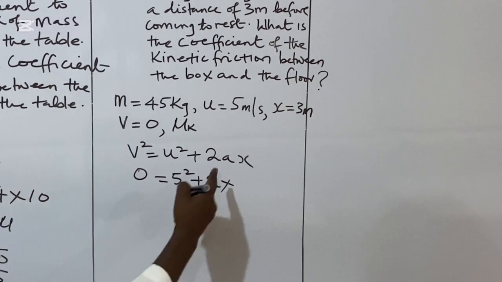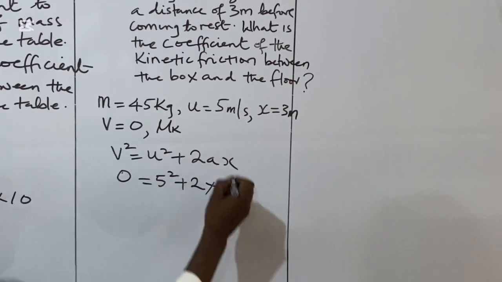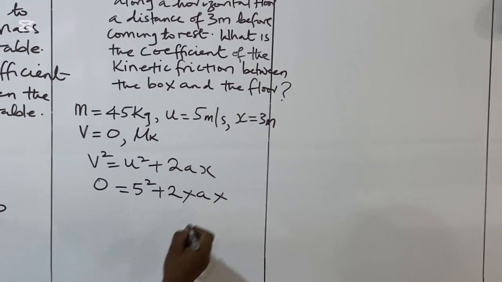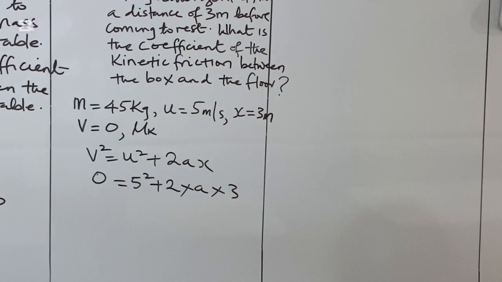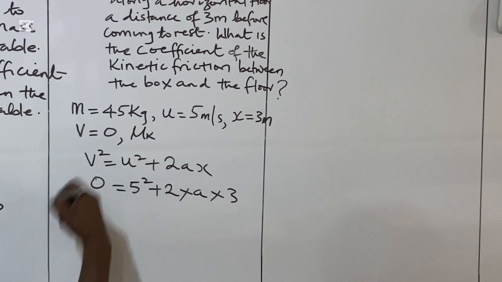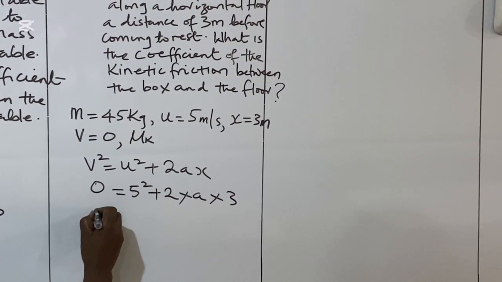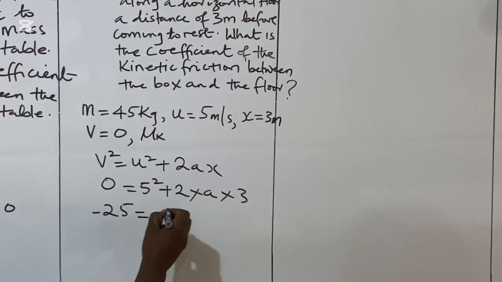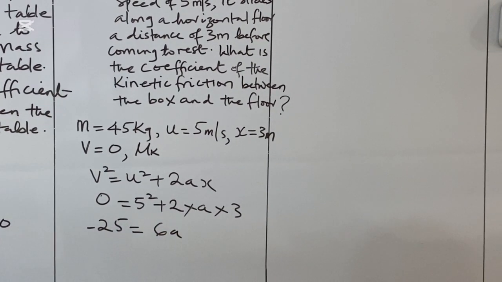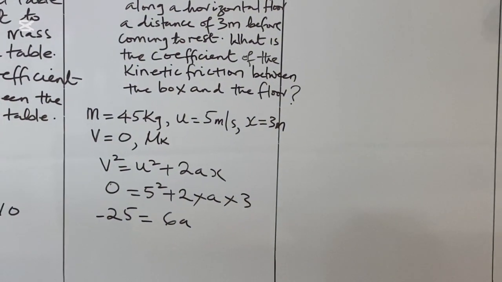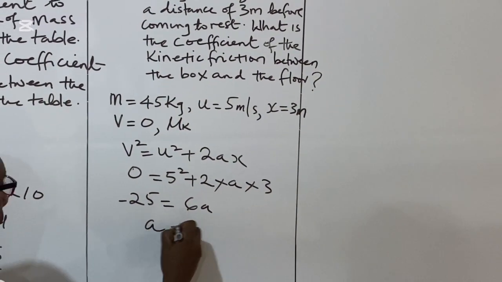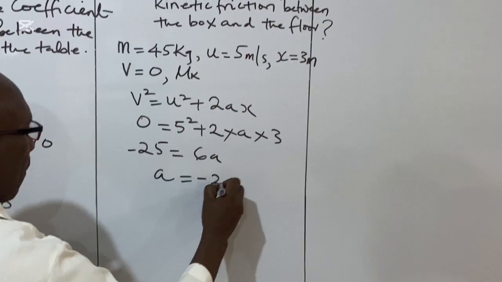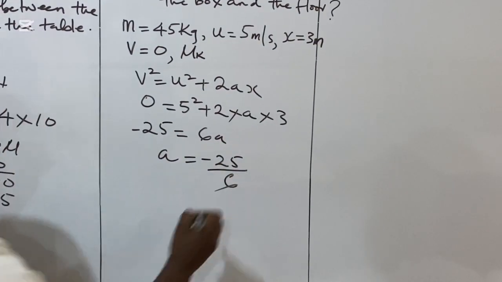Times the acceleration, which we don't know, times the distance. X is 3. So we take 25 this side, minus 25 is equals to 6A. Now, what is our A? Acceleration is equals to minus 25 all over 6.